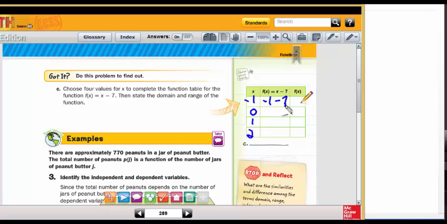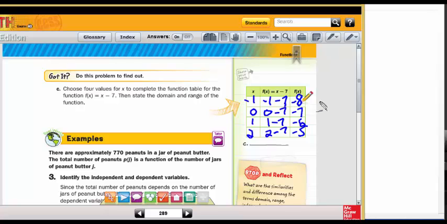This will be really good practice for you. -1 minus 7, 0 minus 7, 1 minus 7, and 2 minus 7. And now we have -1 minus 7 would be -8, 0 minus 7 would be -7, 1 minus 7 is -6, 2 minus 7 is -5.